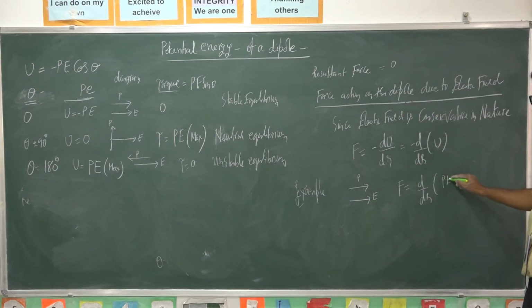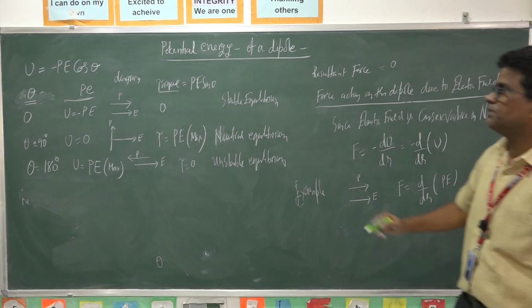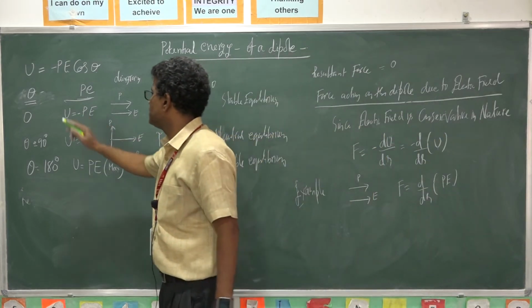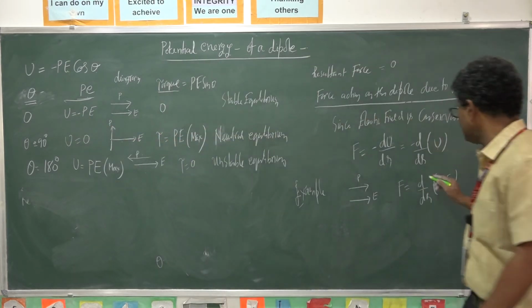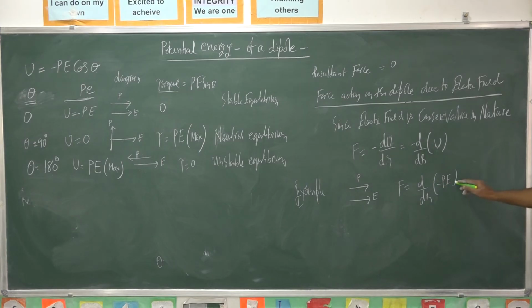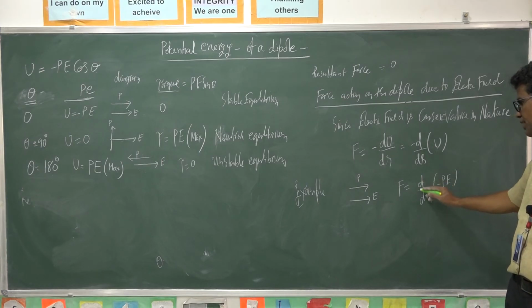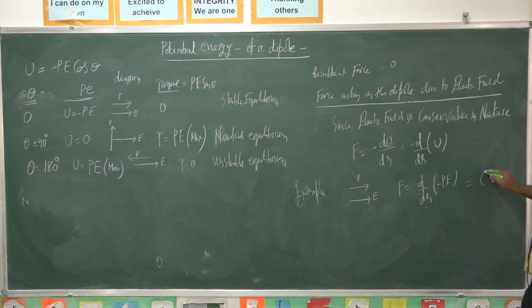In this position, theta is equal to 0, so the potential energy is minus PE. Is it constant? So this PE is constant, it won't vary. So if you differentiate, you will get 0. That is one example.